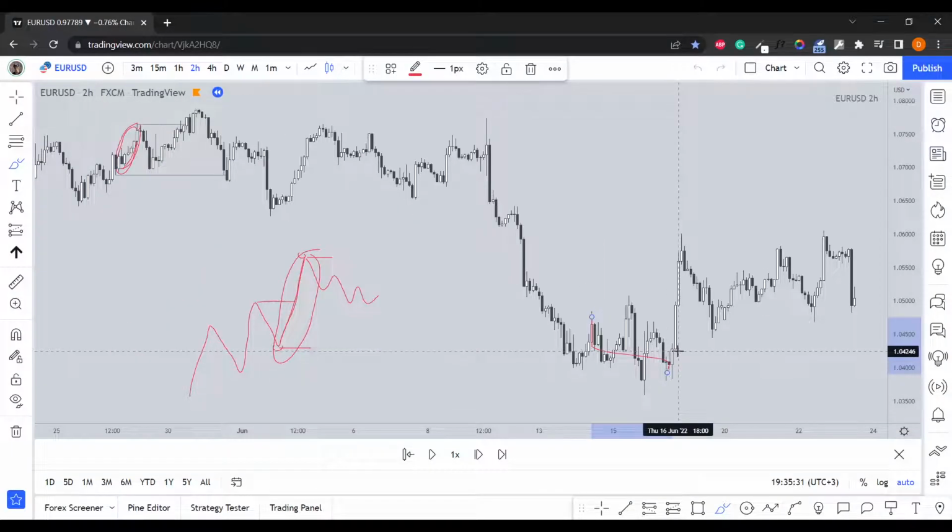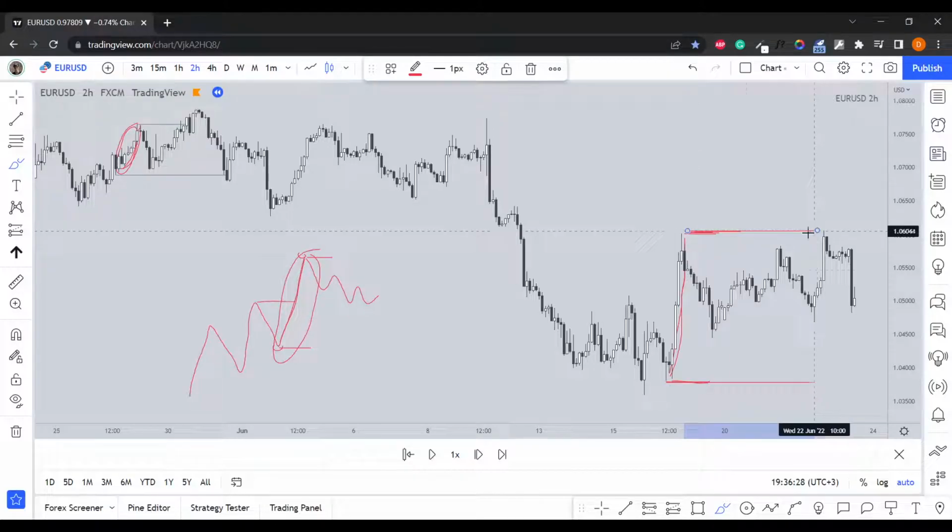So on a chart, it looks like this, a push, you see, which created some kind of price levels. And now price develops inside this area.